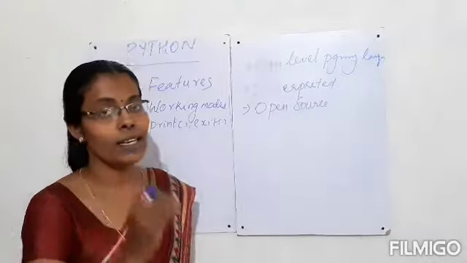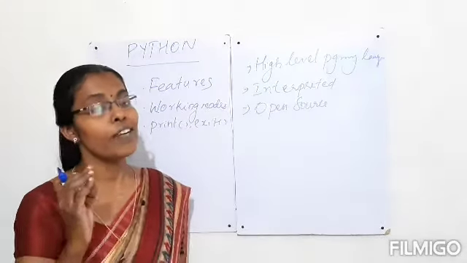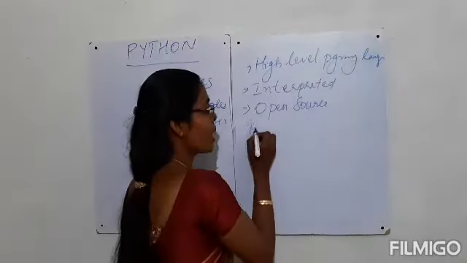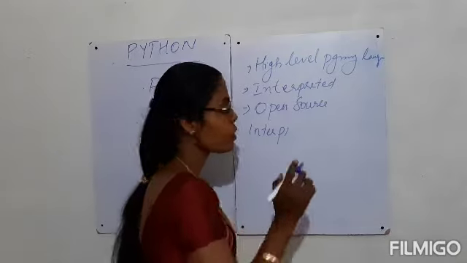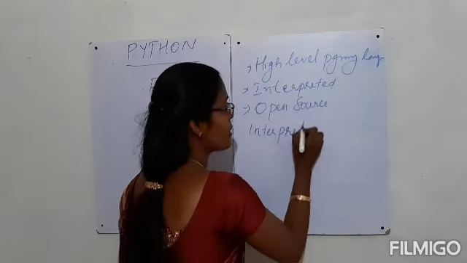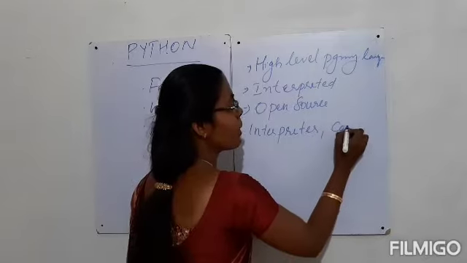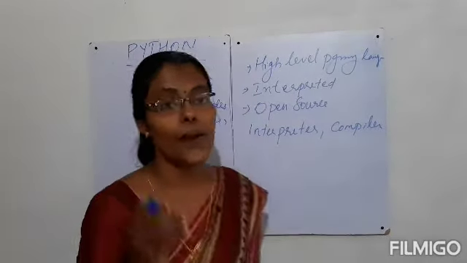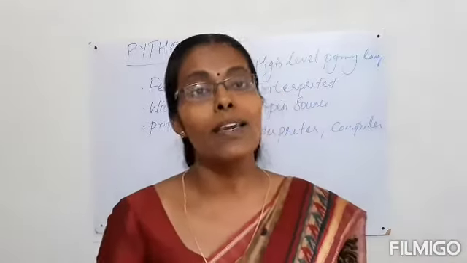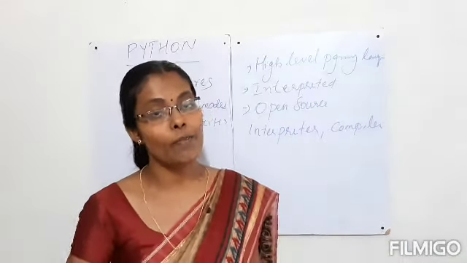So I'll explain what is the difference between interpreter and compiler. There are two types of language processors, interpreter and compiler. Whenever we are writing a program, that can be the combination of English alphabets and words.